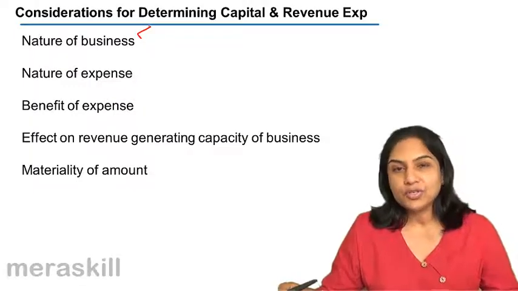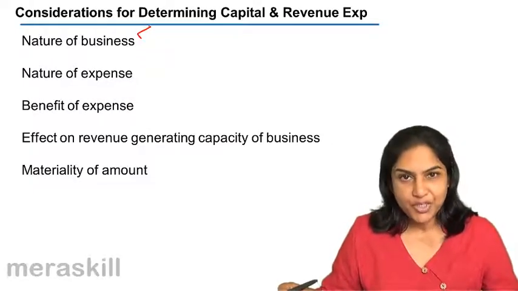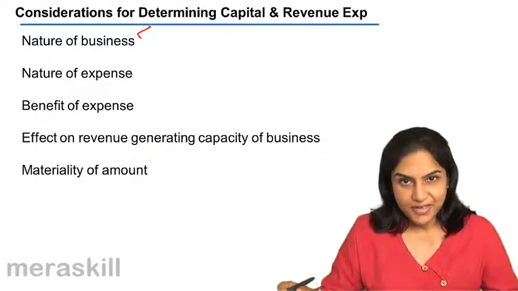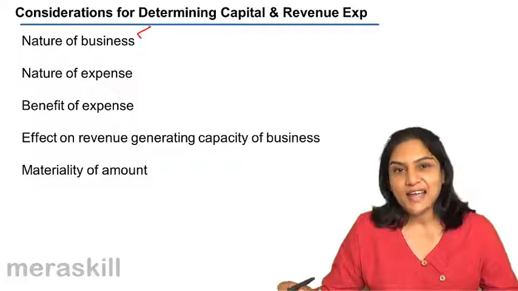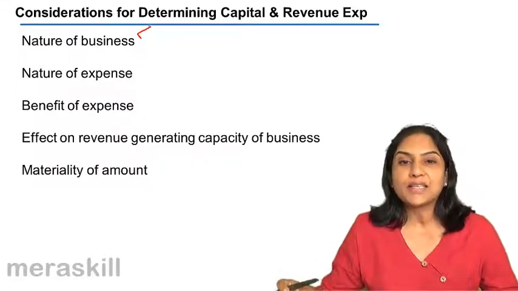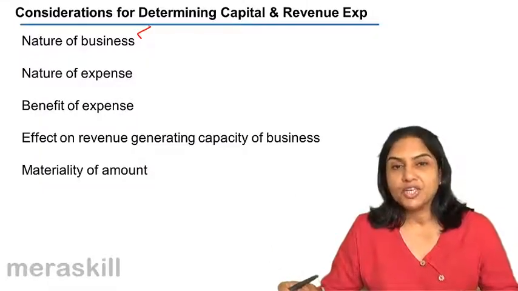But in the books of the textile trader, this furniture that he has purchased for using in the business for the next 5 years would be treated as an asset. So I cannot just simply say if I buy furniture, it is an asset. It would depend on the nature of a business.